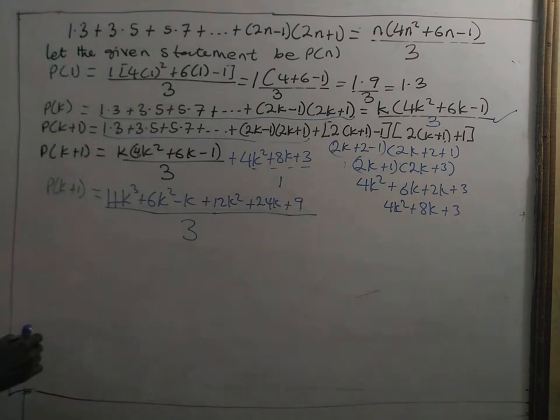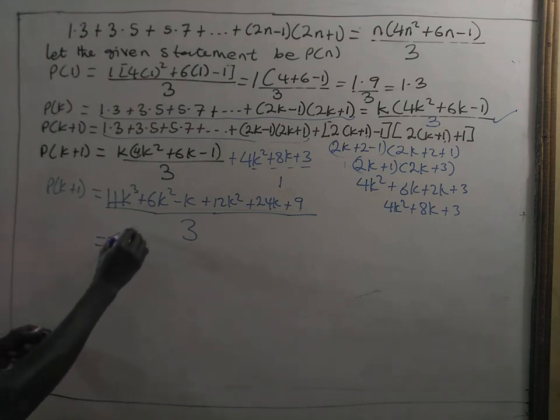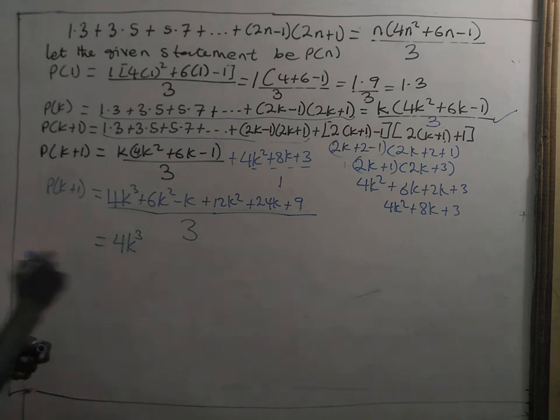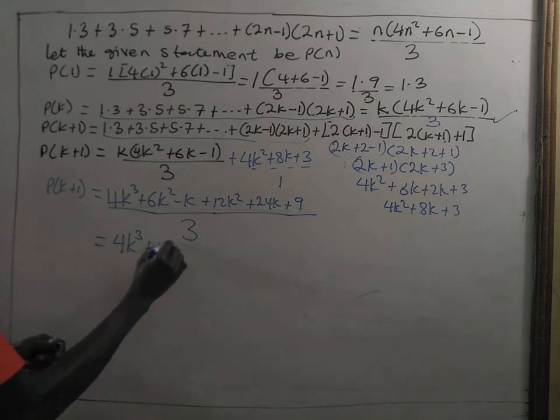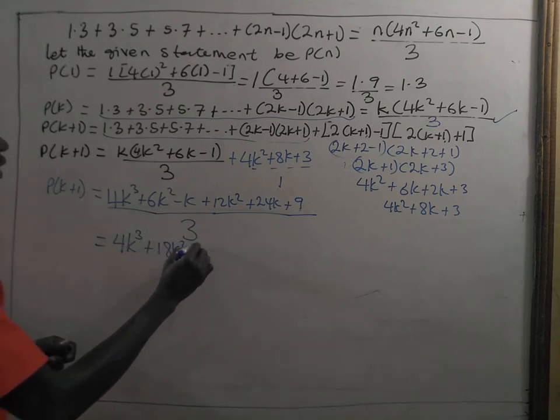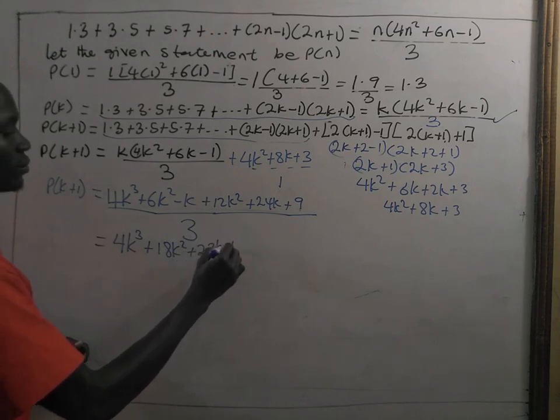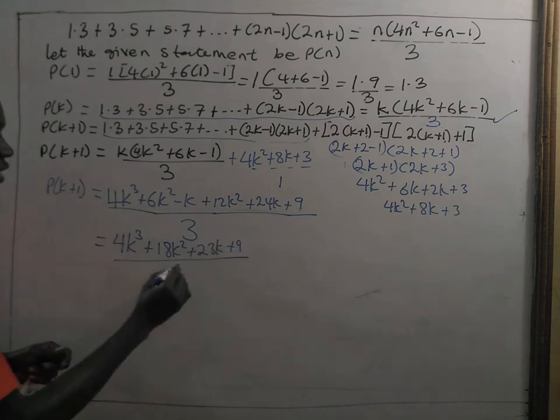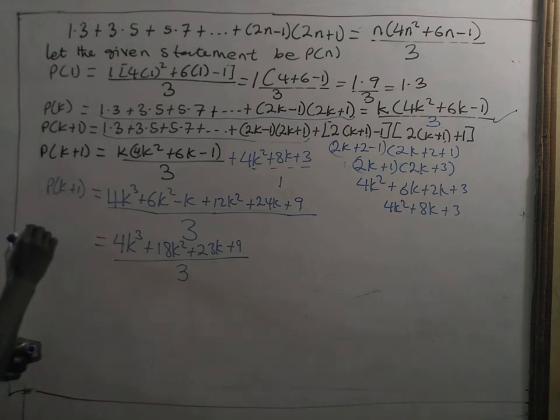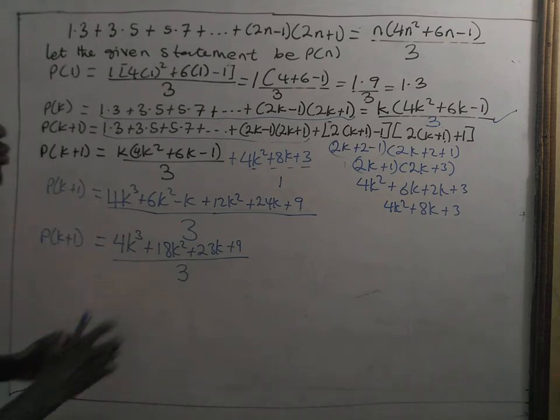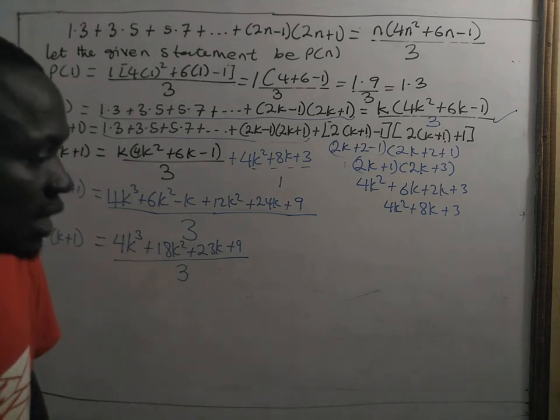Wow. So we are going to have P(k plus 1) to be 4k cubed plus 18k squared plus 23k plus 9, all divided by 3. Now here, you have to take a very good look at what I'm going to do.